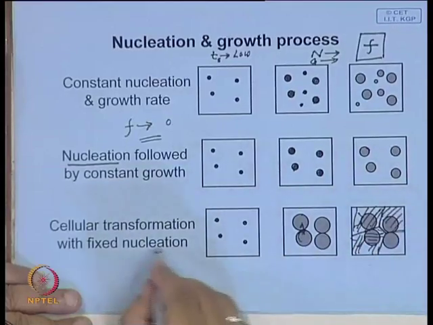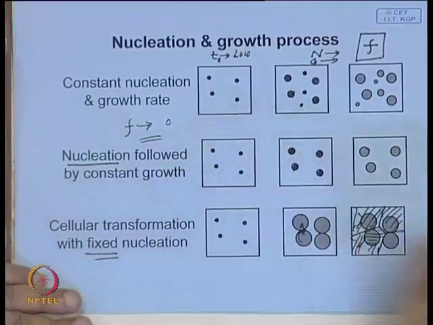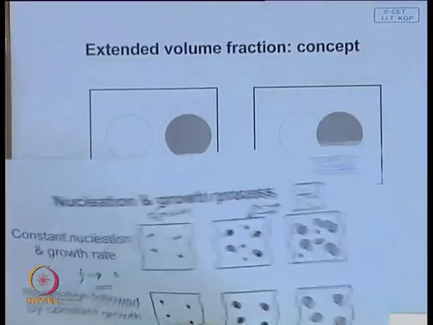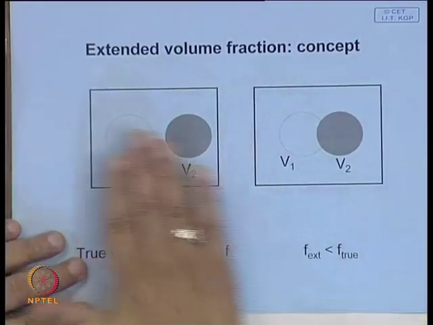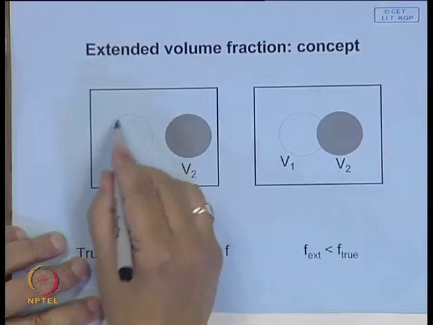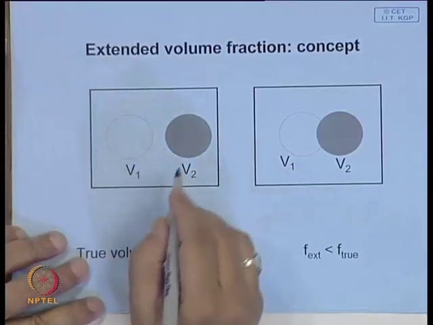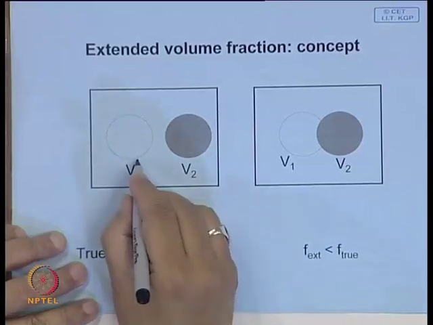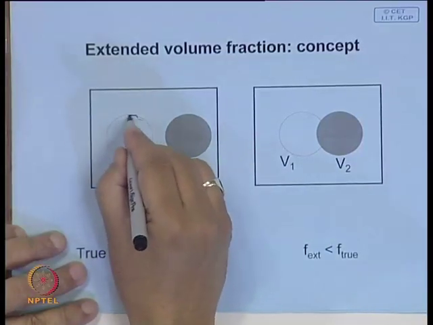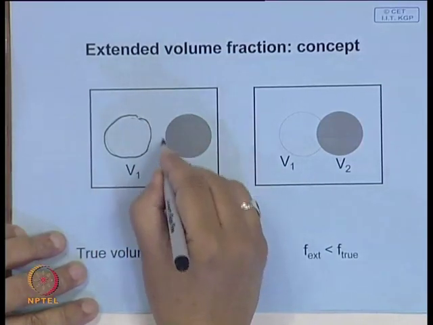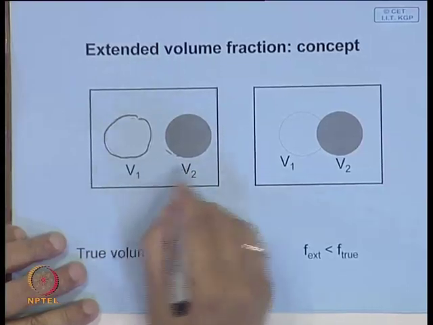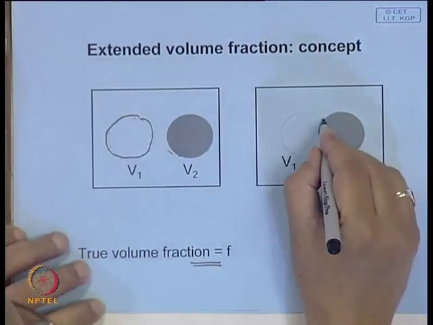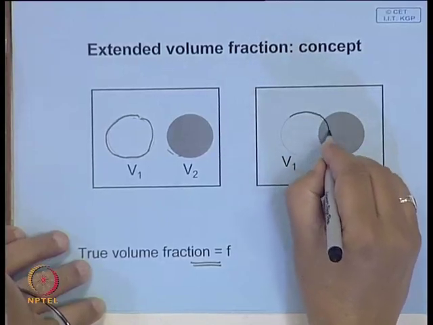So, this is an impingement effect, and how do you calculate it? This is what we will go into. It is something like this. If you do not have impingement, then calculation of volume fraction is quite easy: this is one nucleus, this is another nucleus, add these two volumes and you get the net volume. But if they impinge, then the problem comes up.